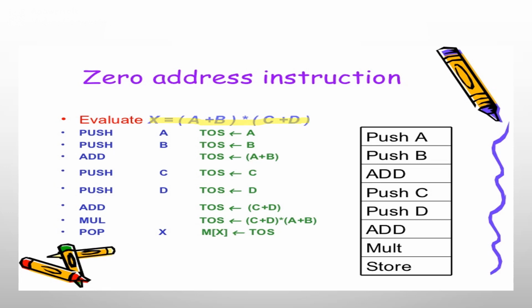So initially push the content of a into the stack. So now TOS, top of the stack, will be pointing towards the topmost location, that is content of A. Push the content of B, TOS comes to B, add, perform A plus B, so that is add.